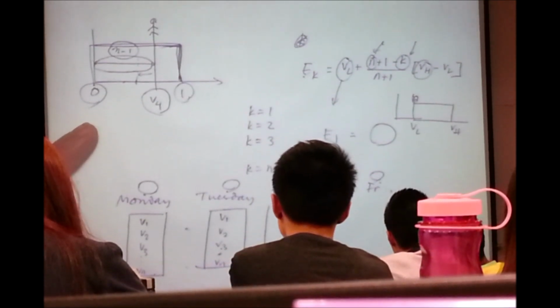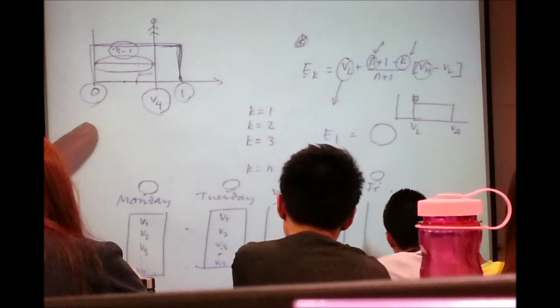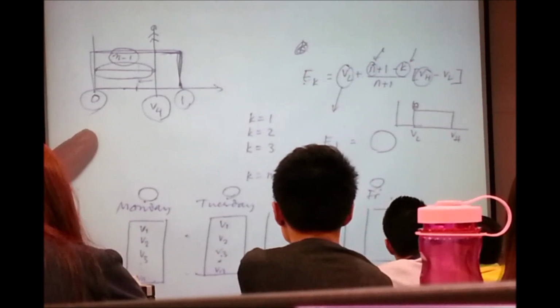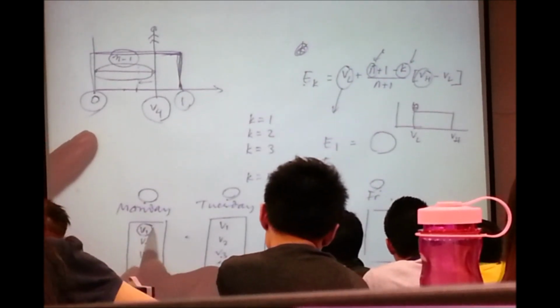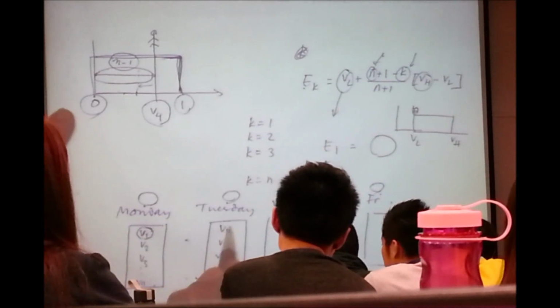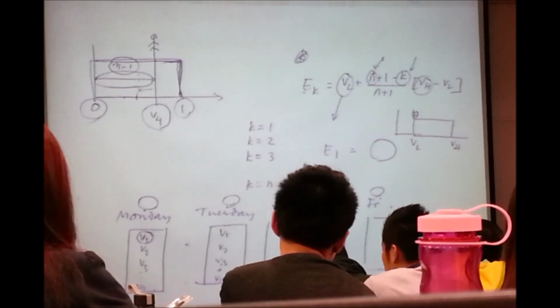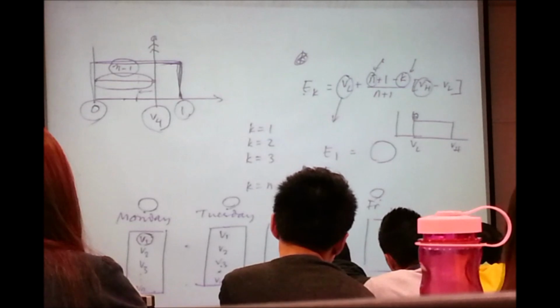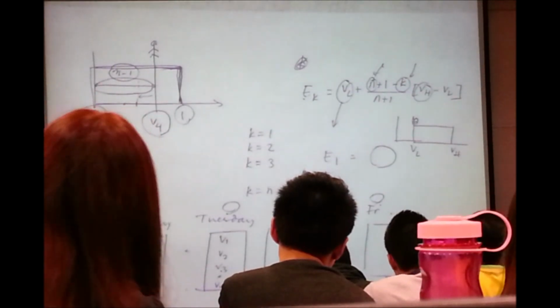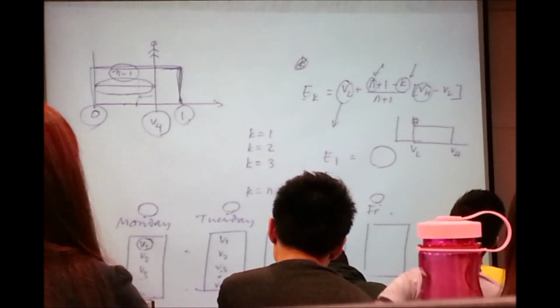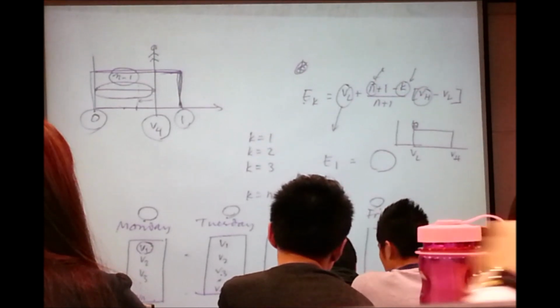Same for the Wednesday, Thursday and Friday groups. Now notice, must the highest valuation in the Monday group be equal to the highest valuation in the Tuesday group? No. They can be different. Clearly they can be different. Just one randomly drawn sample.